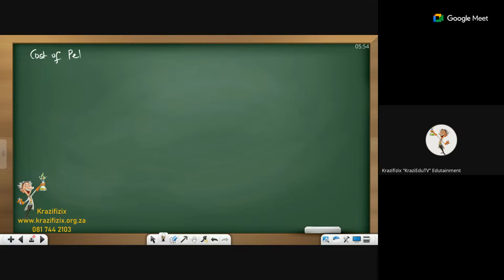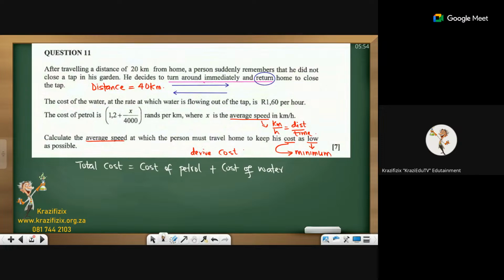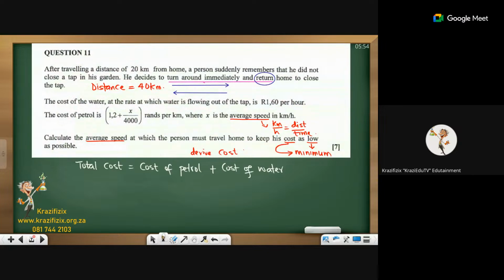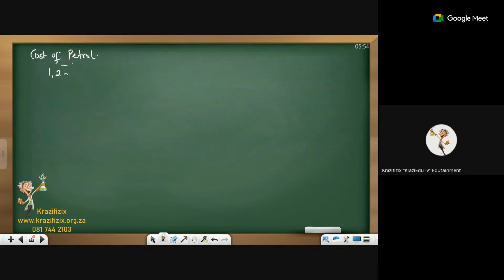What do we know? The cost of petrol. We're given the rate: 1,2 plus x over 4,000 rand per kilometer.